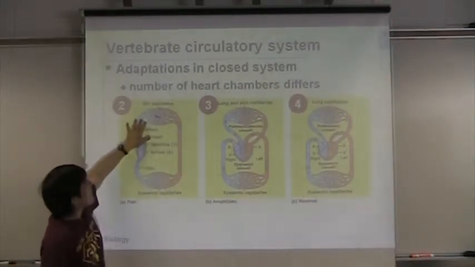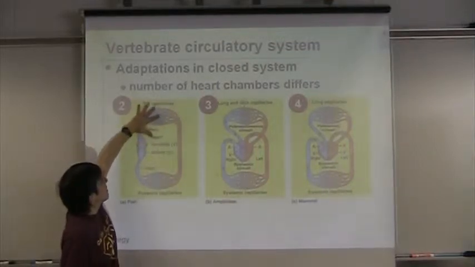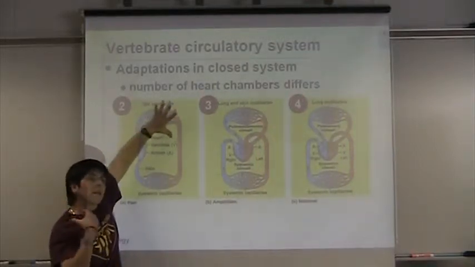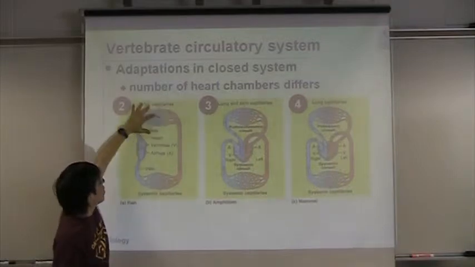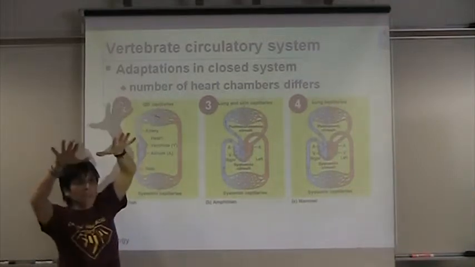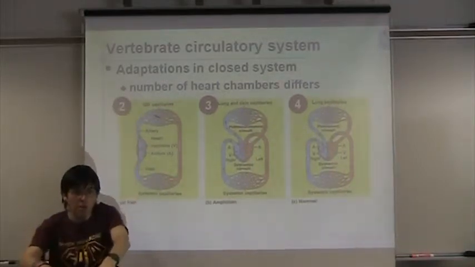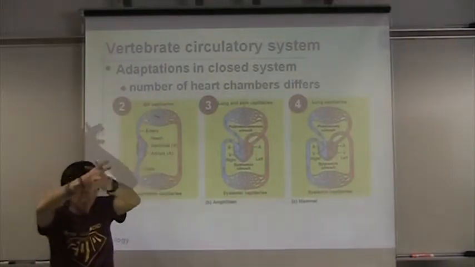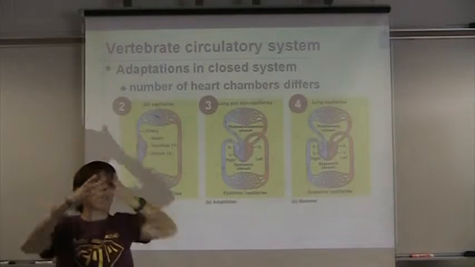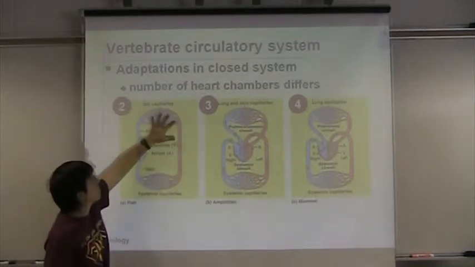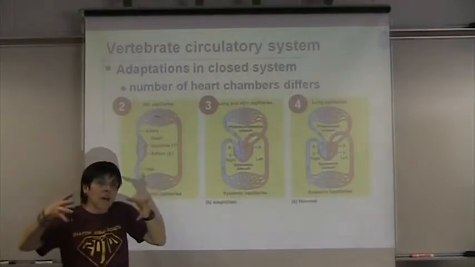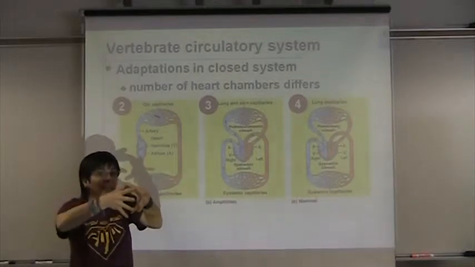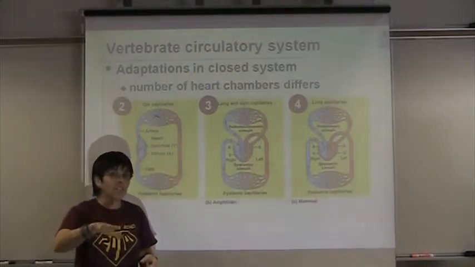So here is high pressure, high speed. When it breaks into all those capillaries to get all the oxygen at the gills, the pressure and the speed drop significantly. Then all those capillaries converge again when they are coming out of the gills into a couple of major blood vessels. So now the speed starts increasing, but the pressure is still low.